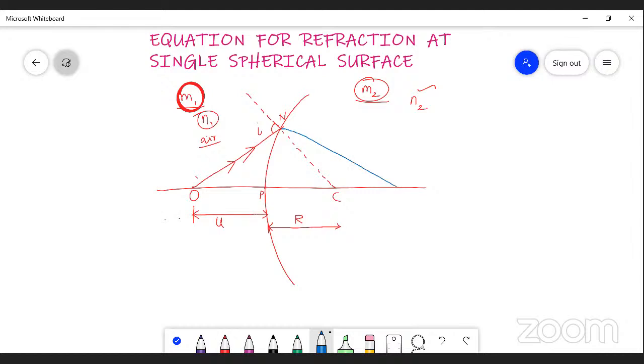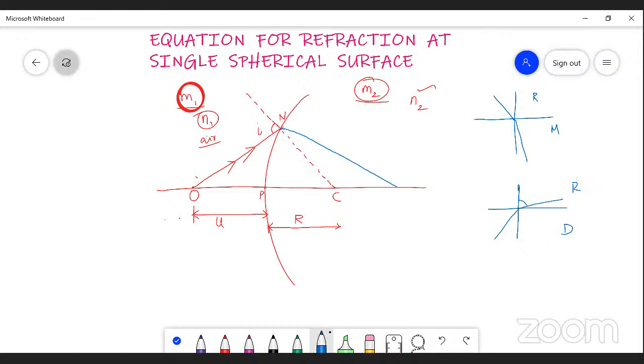As the light goes from the rarer medium to the denser medium, after refraction it is bent towards the normal. From denser to rarer, it bends away from the normal.